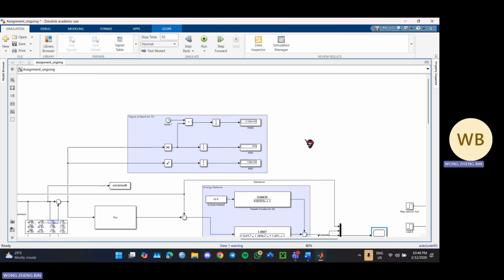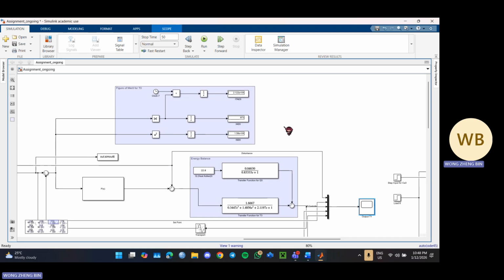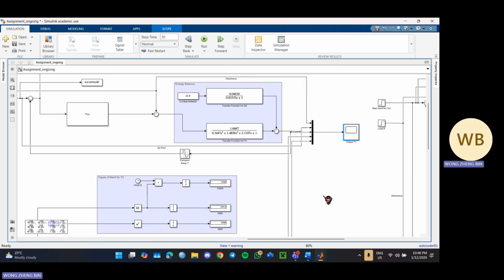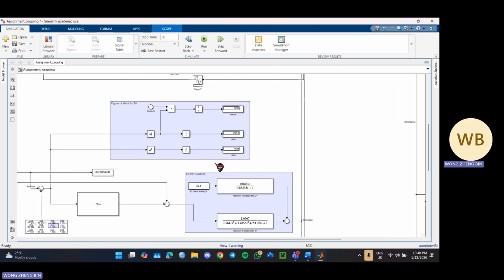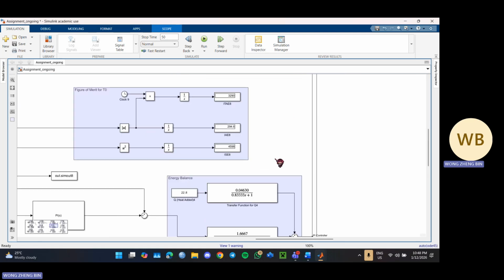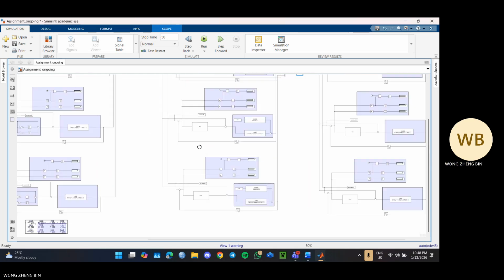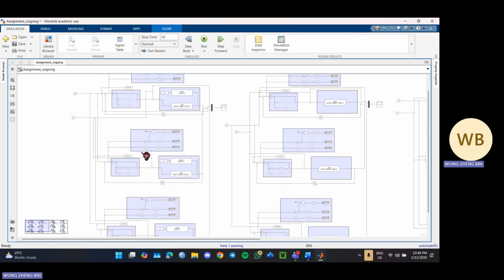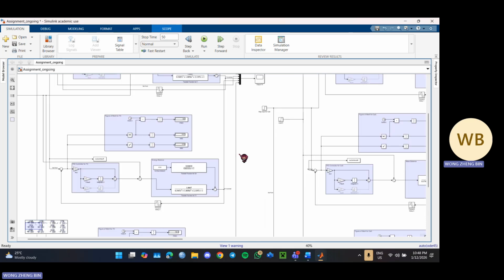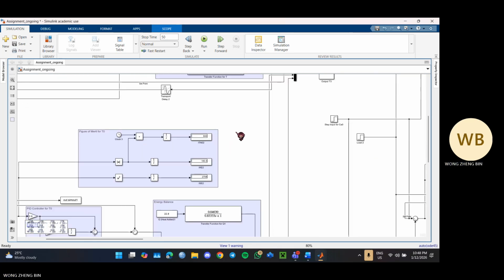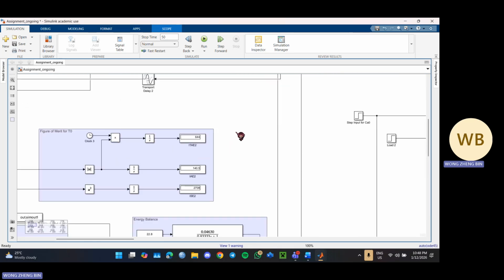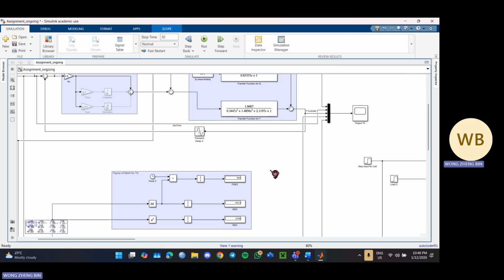So this is P's error. It's quite high. And for PI, it gradually decreases as we go to PI and PID. So this is PI. And this is the error for PID. Using manual and using toolbox is basically not quite such a difference because they're mostly using the same algorithm.